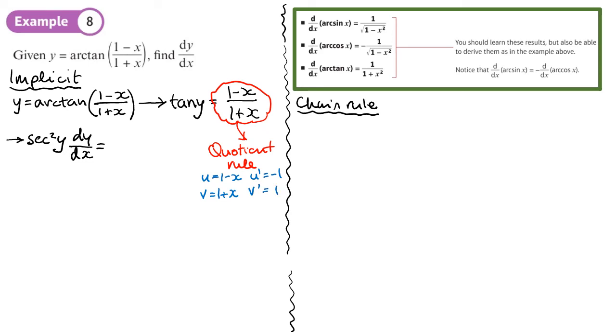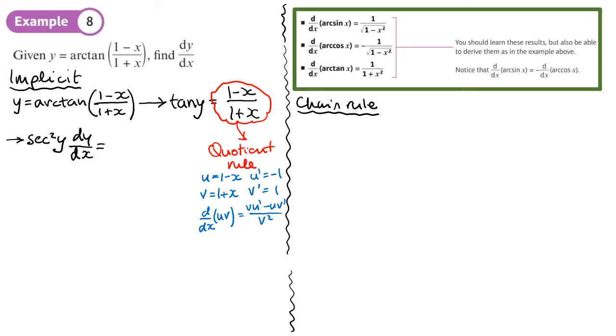So using the quotient rule, when we differentiate a quotient like that, we have (v u dash minus u v dash) over v squared.